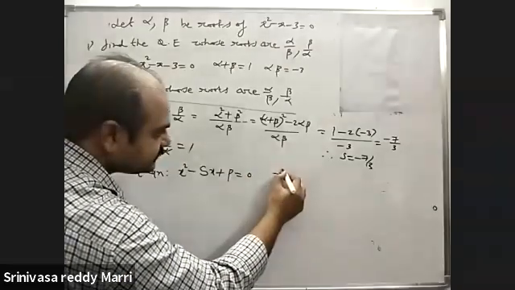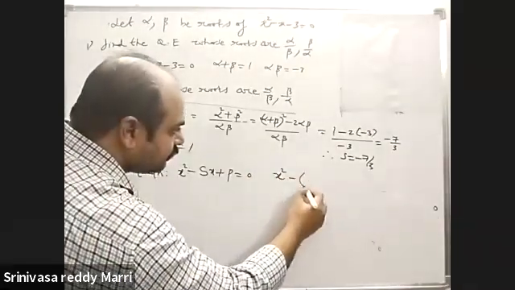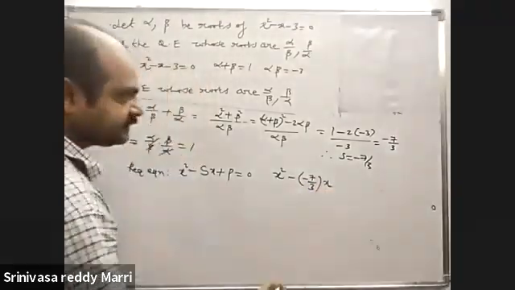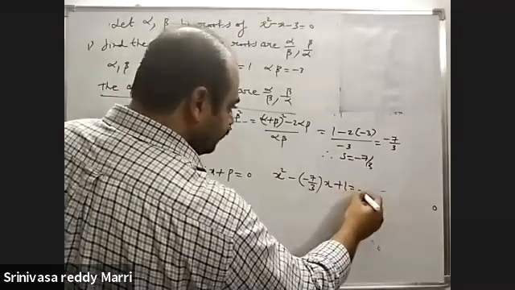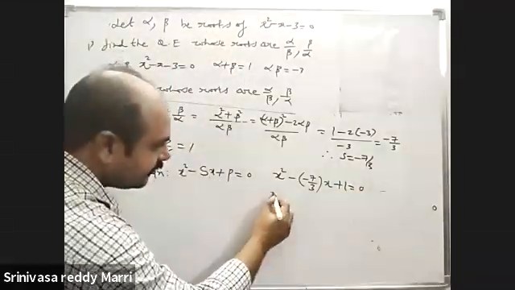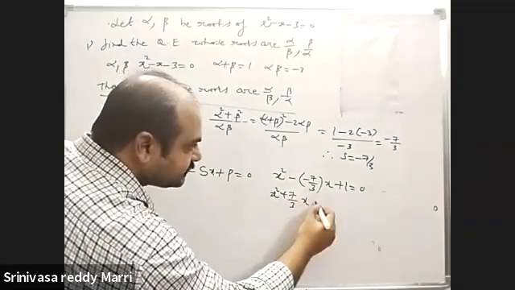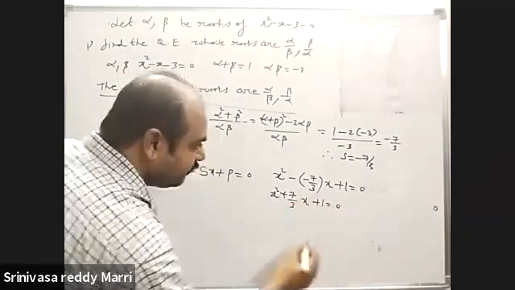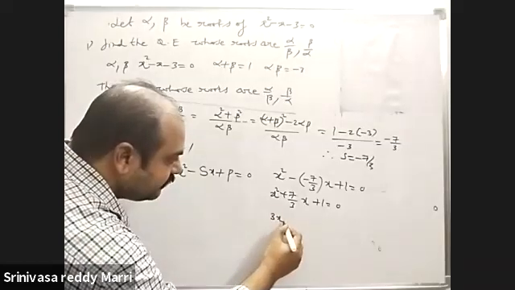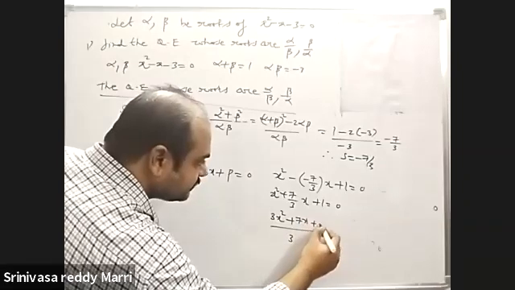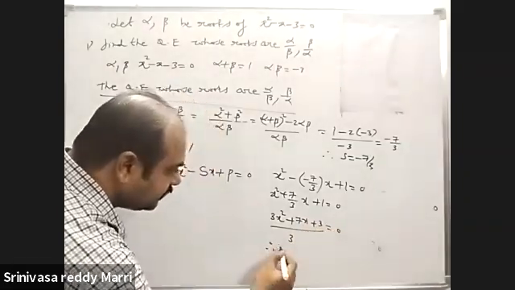That means x square minus of minus 7 by 3 into x plus 1 equal to 0. So the required equation is x square plus 7 by 3 into x plus 1 equal to 0. If we take the LCM, divided by 3, 3x square plus 7x plus 3 equal to 0.